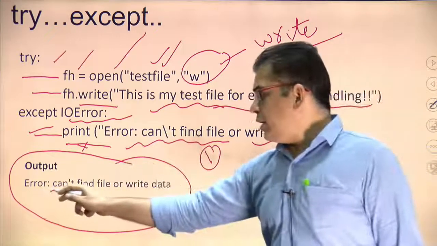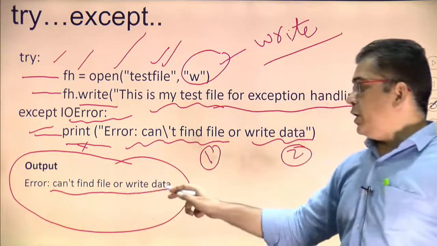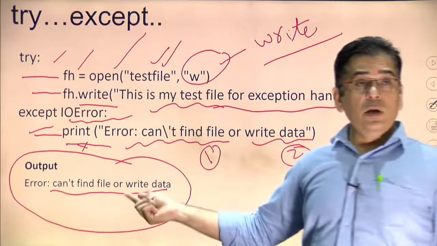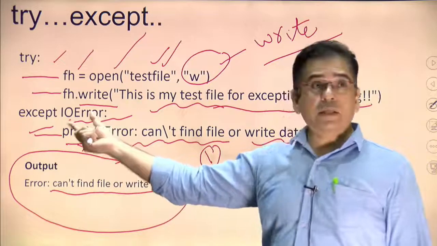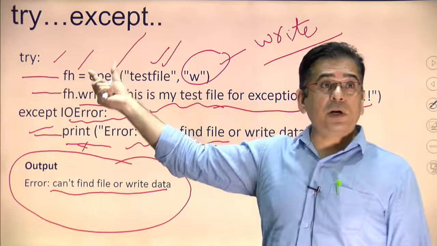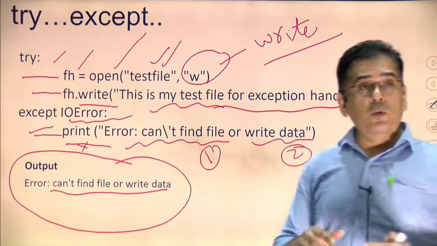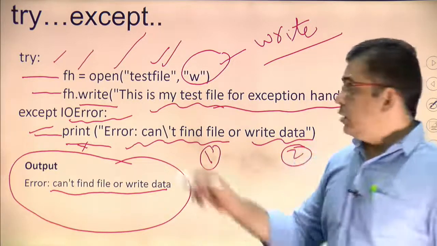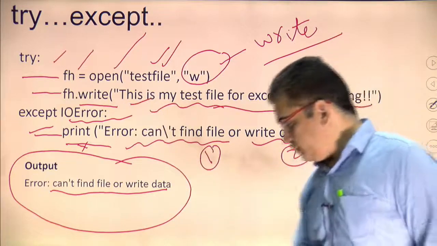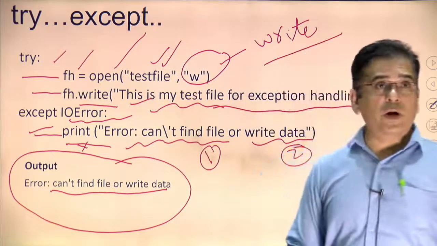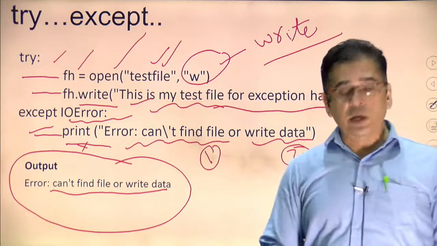Only the message, error cannot find file or read data, write data, is given here, but only if this except block handles the exception raised by the try block. Otherwise, no output will be displayed. If you want to print any output, then you have to write the print function here. This was the second case of handling errors or exceptions in Python.